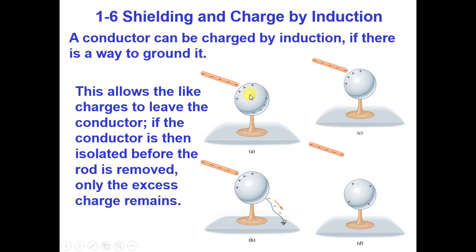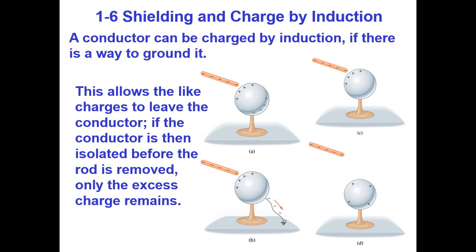See, there are positive charges and also negative charges. What will happen is that the negative charge will go away, and before the rod is removed only the excess charge remains.